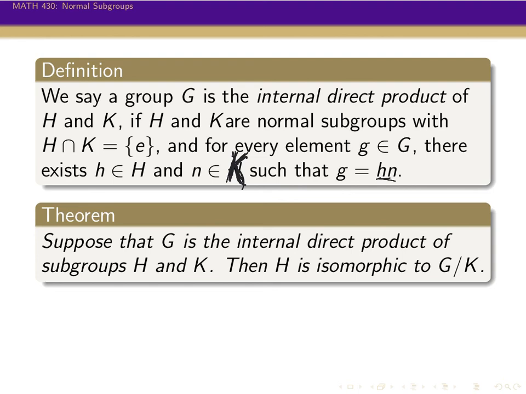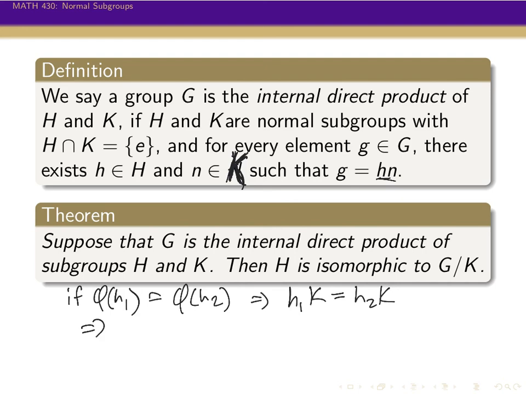Showing one-to-oneness is also very straightforward. So if phi of h1 is equal to phi of h2, then that would mean that h1K is equal to h2K, and so that would mean that h1 is equal to h2 times n for some n in K. But then that would mean that h2 inverse h1 was equal to n.